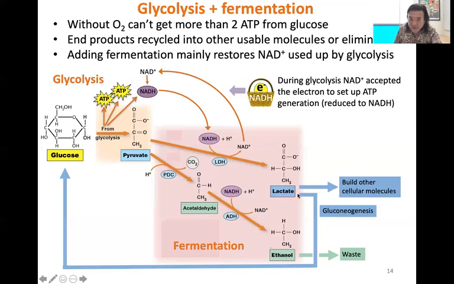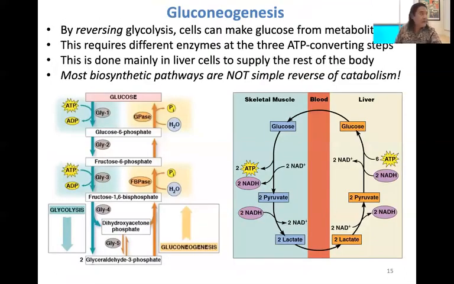And I mentioned our liver has the ability to take all these scrap lactates that our muscles are generating when they don't have enough oxygen, and put these scrap lactates back together in a process called gluconeogenesis to make a few more glucose molecules. So what's that about, right?